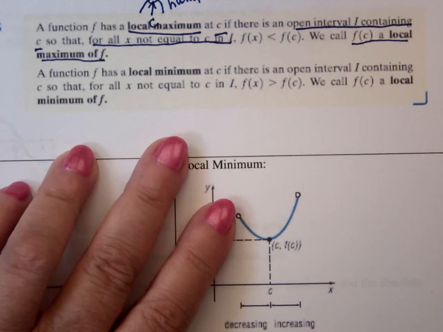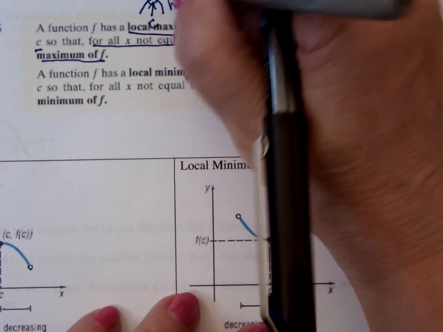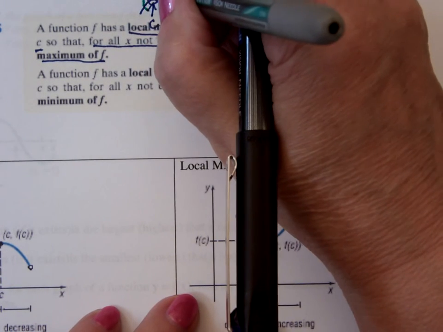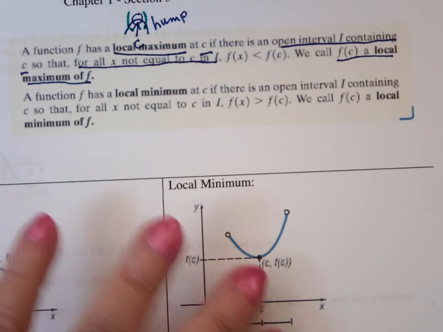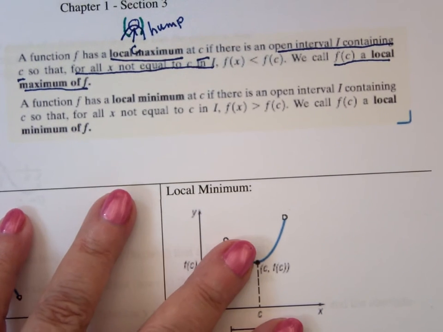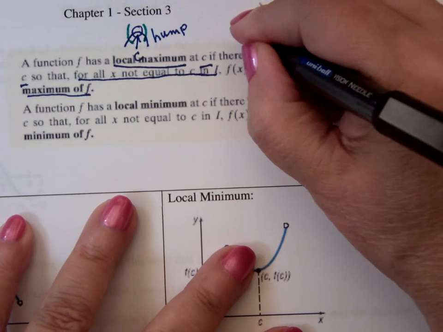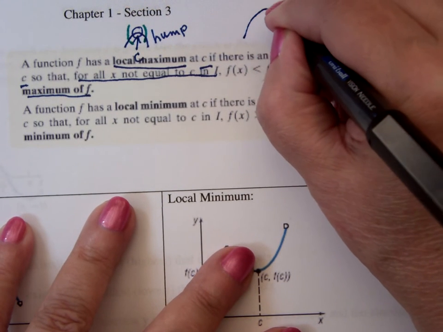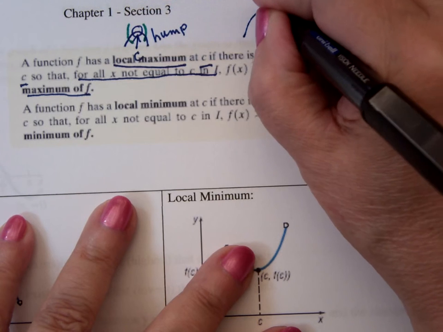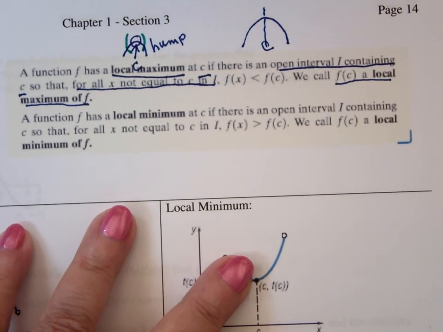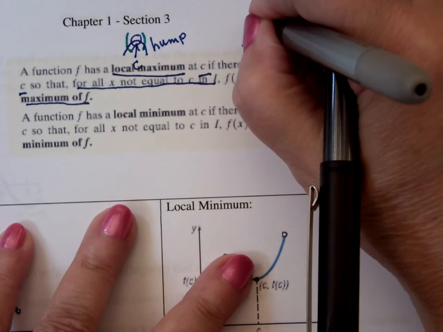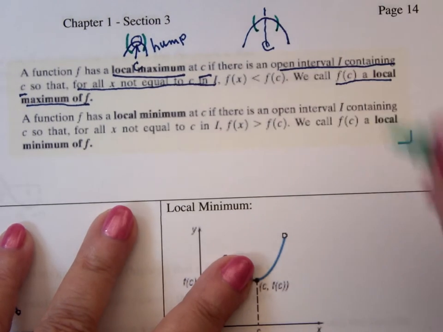And then they're going to take an interval I around the hump. So if I blow the hump up, which you may feel like doing right now, let's make a big hump. Okay, this is C. I pick an interval around C.